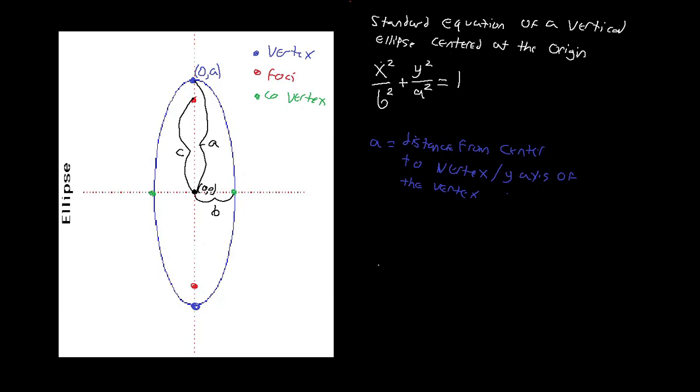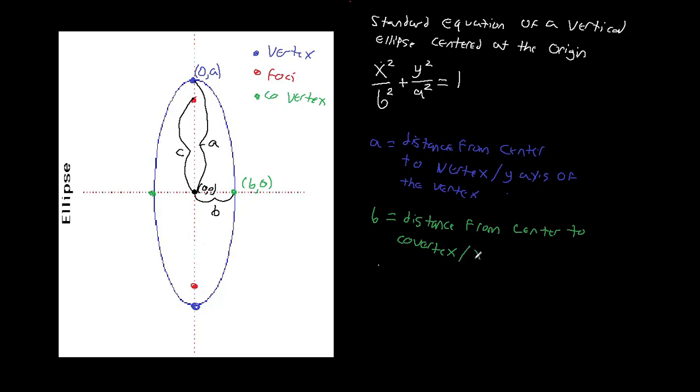b is still the distance from the center to the co-vertex. But instead of the co-vertex being 0 comma b, now it's b comma 0, because now the co-vertex is on the horizontal line.